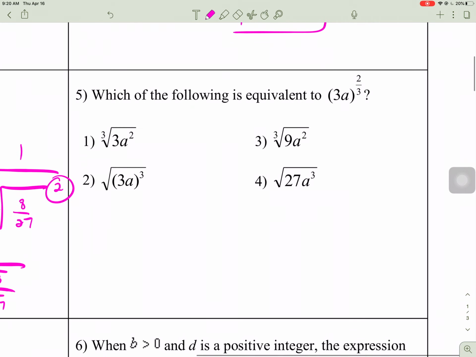Which of the following is equivalent to 3a to the 2/3? Well, 3a to the 2/3, power over root. So it's the cubed root of 3a, power squared. The root is the number out here, and the power is what you're raising it to.